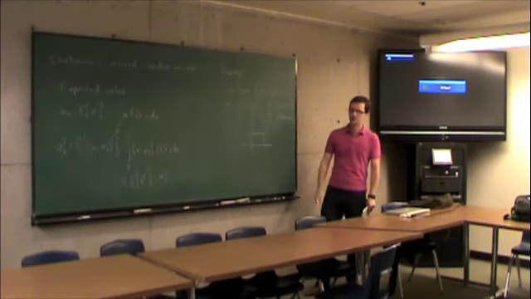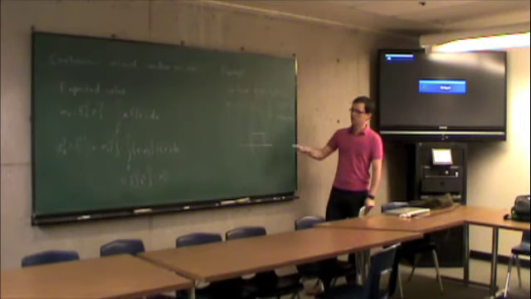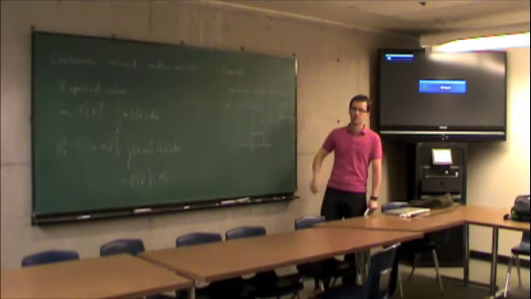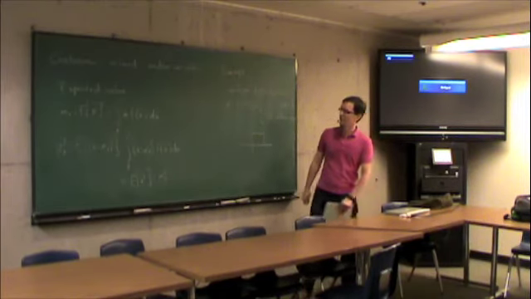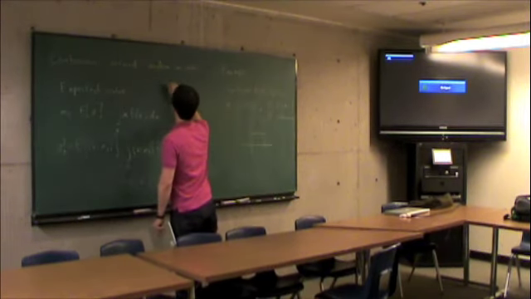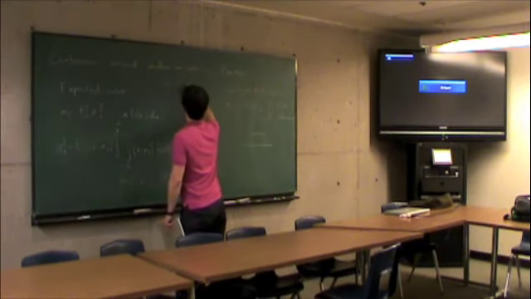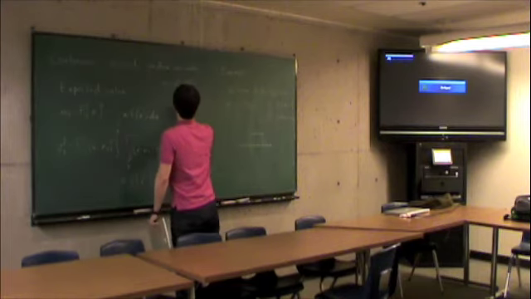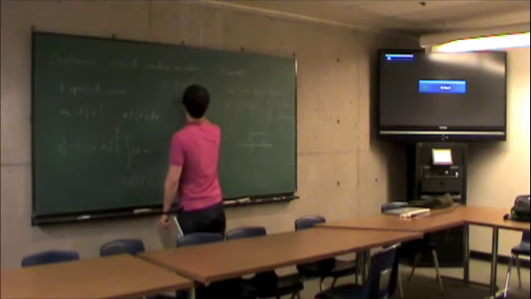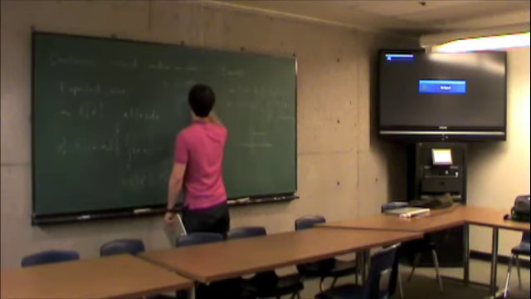By the way, I forgot to mention, probabilities have to sum to 1, and PDFs have to integrate to 1. So for all PDFs, the integral over x of f of x is equal to 1.